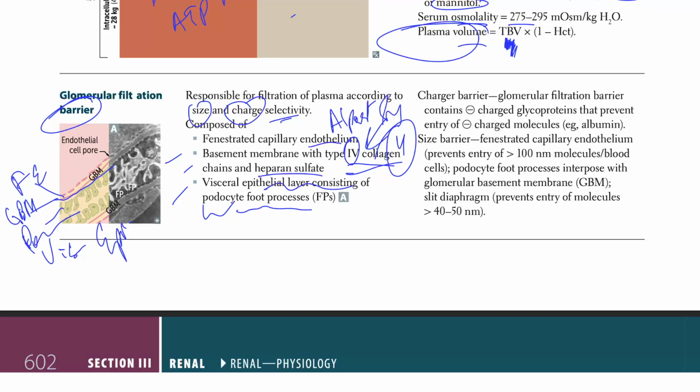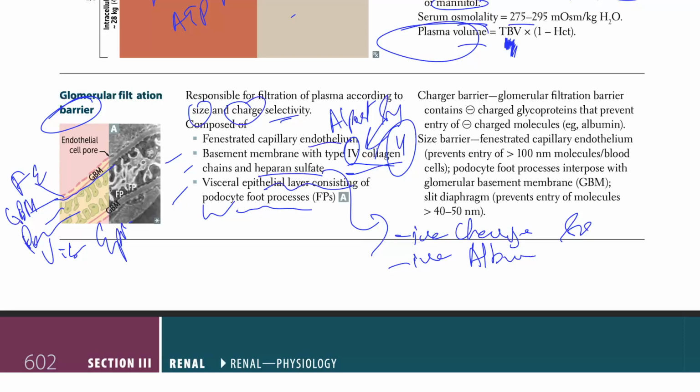This heparan sulfate gives us a negative charge, so it is going to repel negatively charged things. What has a negative charge?